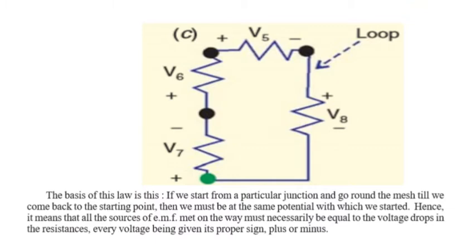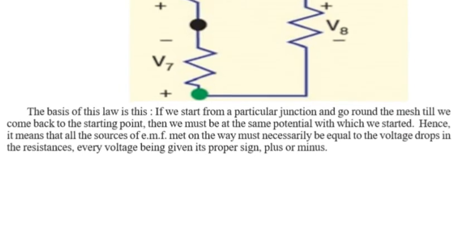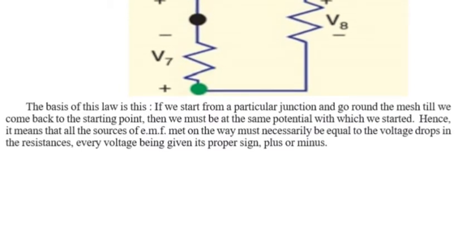Hence, all the sources of EMF met on the way must necessarily be equal to the voltage drops in the resistances, every voltage being given its proper sign, plus or minus.